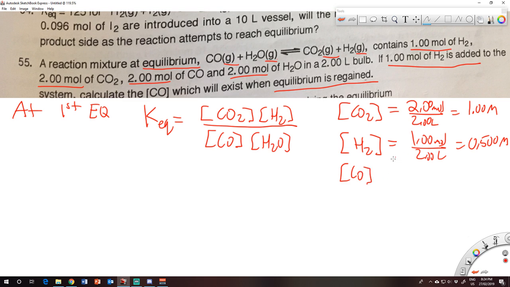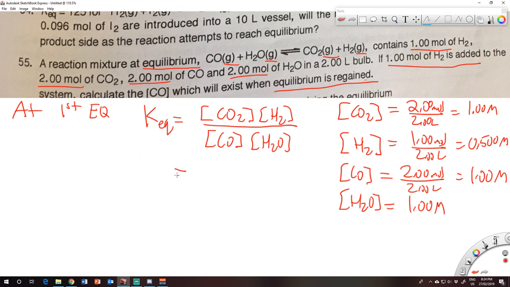Concentration of CO, 2 moles over 2 liters, so that'll be 1.00 again. And concentration of H2O is also 2 moles, so this will also be 1.00 molar.